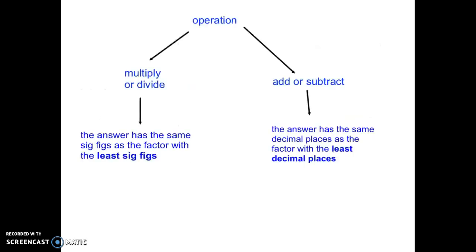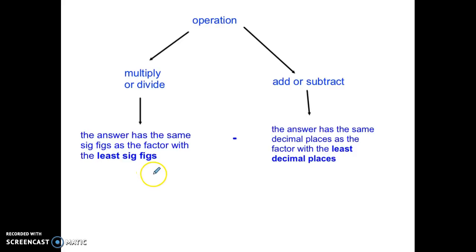So now what I want to get into is, what do we do when we have to do a mathematical operation like multiply or divide or add and subtract? Because we do have to multiply and divide and add and subtract our measurements in chemistry. So there are some rules for this as well. The first we're going to do is, I think, the easier of the two.